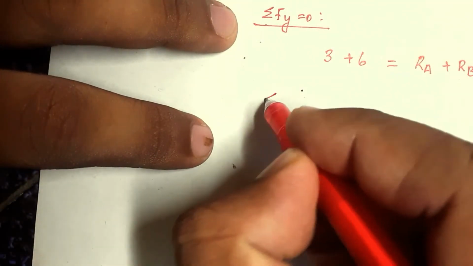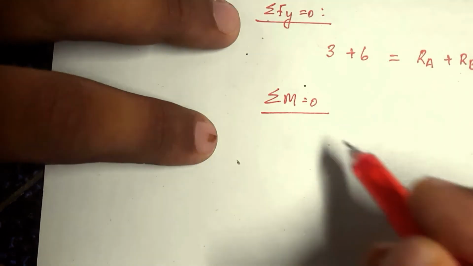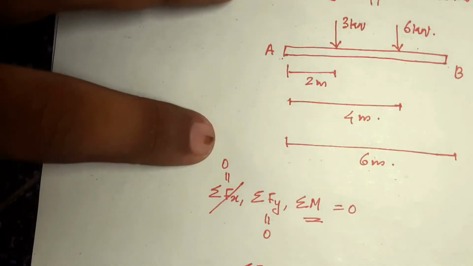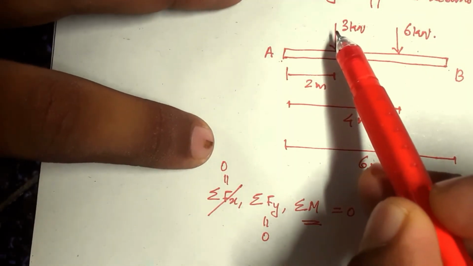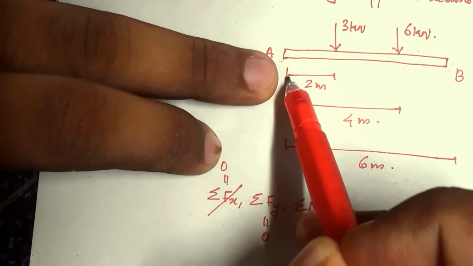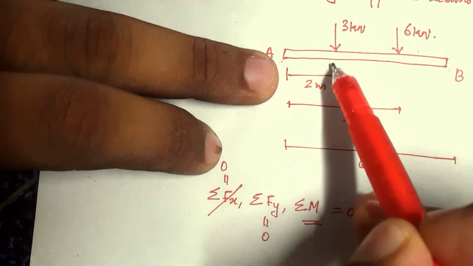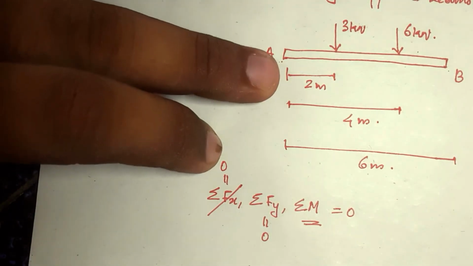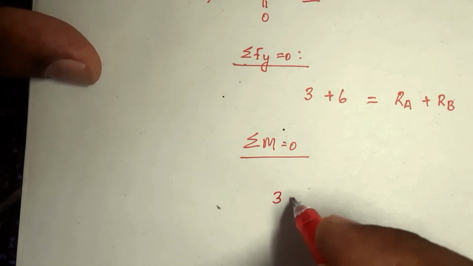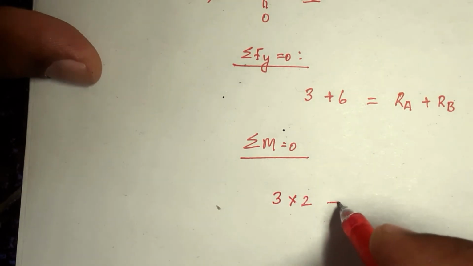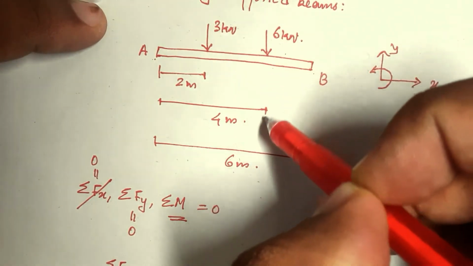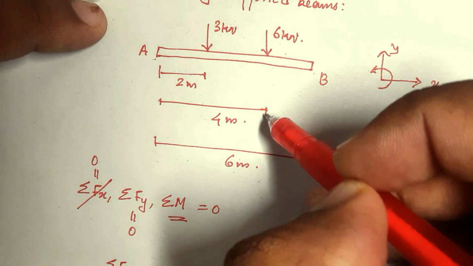So sigma M equal to 0 means, what is the moment created by the 3 kilonewton force? Moment created by the 3 kilonewton force is force into perpendicular length. This is the perpendicular length, this is 90 degree. So the moment created by 3 kilonewton is 3 into 2, plus, what is the moment created by the 6 kilonewton force? 6 into this distance, 4.